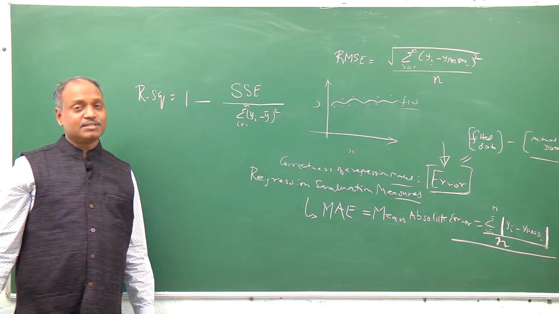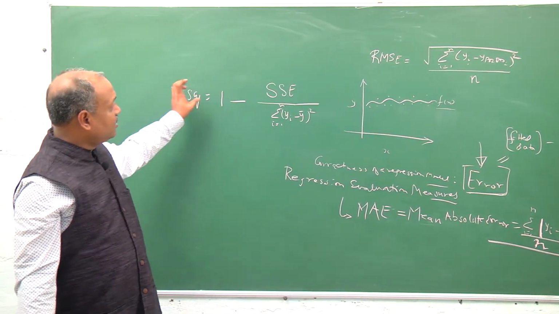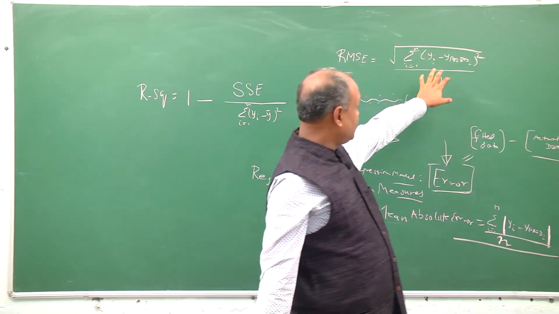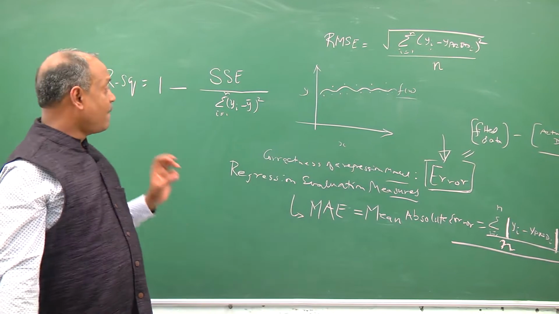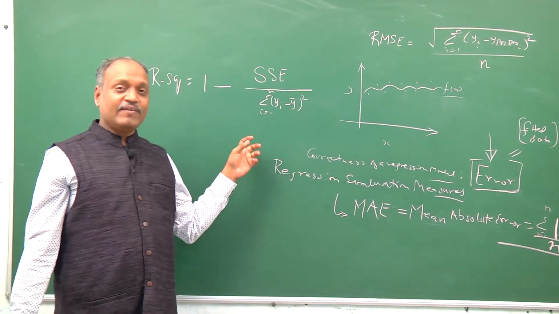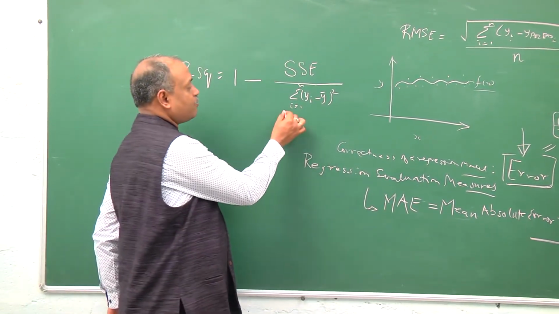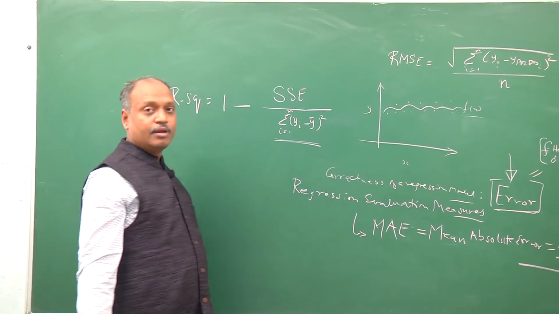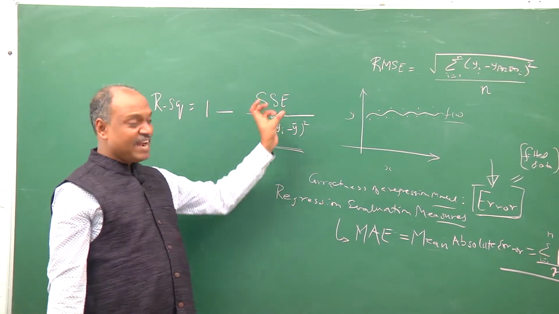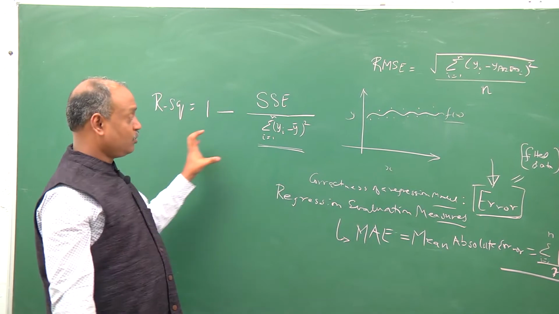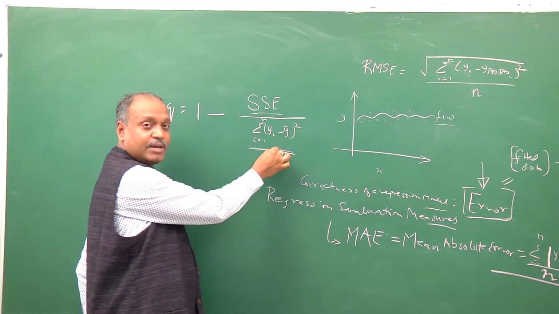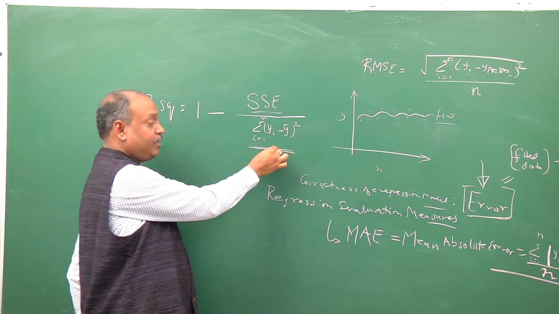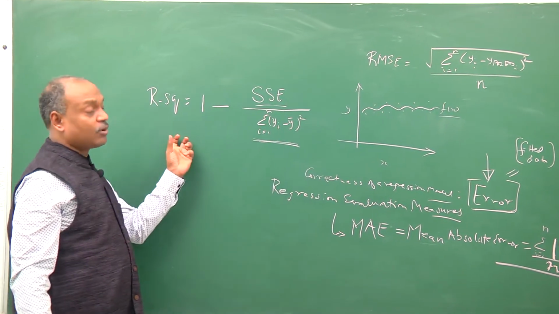So it looks at the sum of squared errors like in RMSE or mean squared error, but divides by the spread from the mean. This gives you a normative approach which is unitless, because you are dividing SSE in one unit by the same measure squared of distance from the mean.